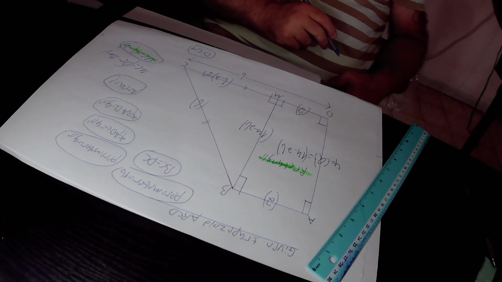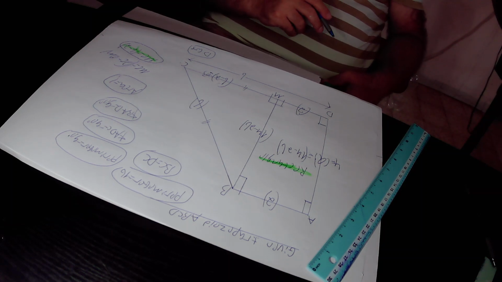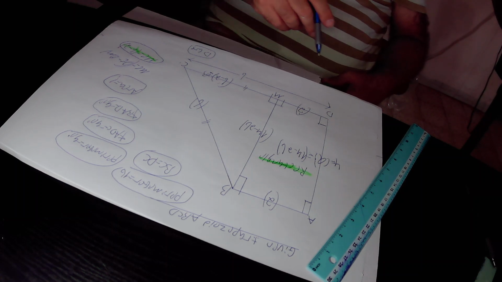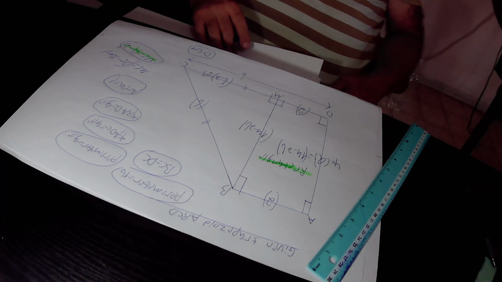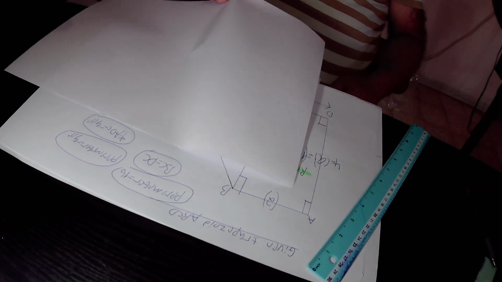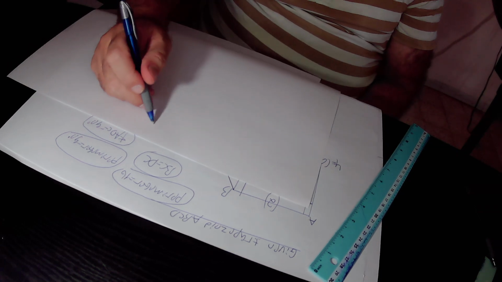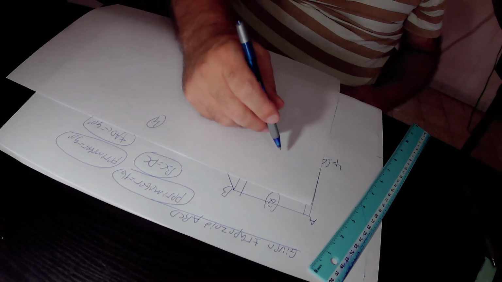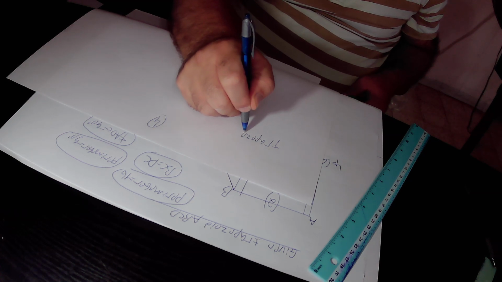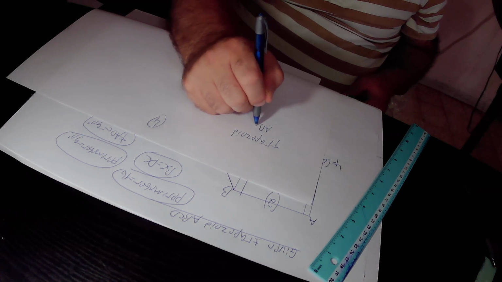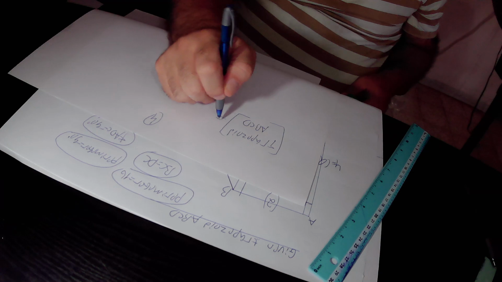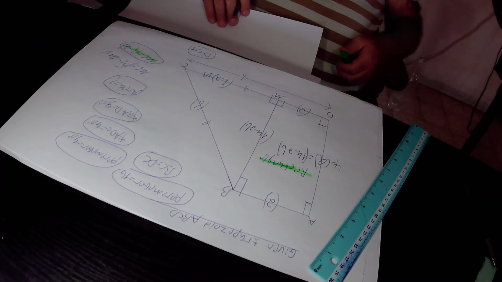AD equals 4, and AB equals 2. Our mission is to find out the area of this trapezoid ABCD. According to the formula that I presented to you in the beginning of the lecture, the area of trapezoid ABCD is equal to the sum of its two parallel bases.